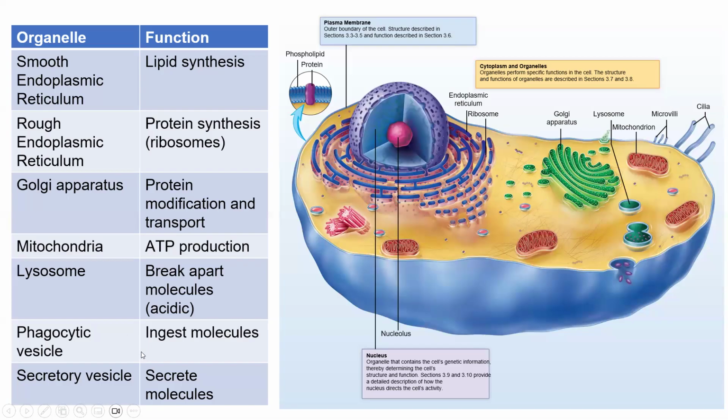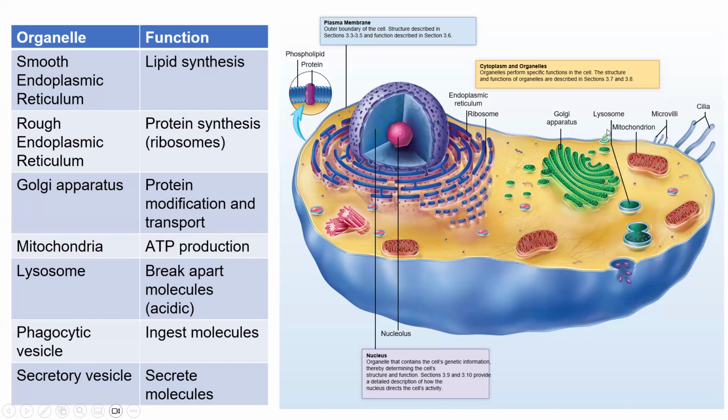So for a phagocytic vesicle, phagocytic means it can ingest material. It's going to bring something into the cell. It's ingesting molecules. A secretory vesicle, like this one up here is showing, is going to secrete molecules. So sometimes we'll use a vesicle to bring something in.